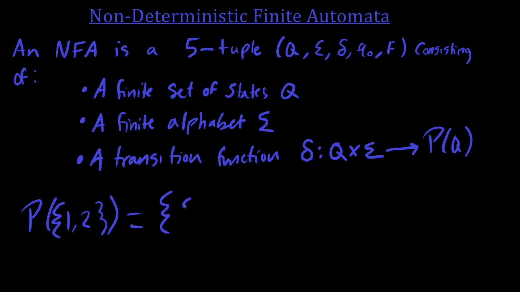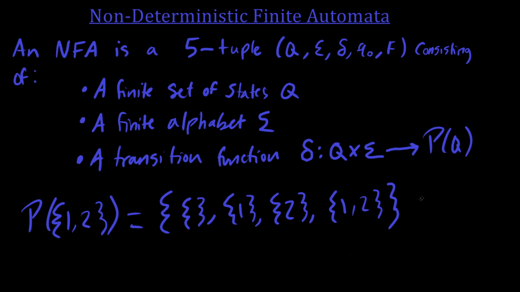So it'll contain the empty set, because the empty set is a subset of every set. It'll contain the set containing 1, it'll contain the set containing 2, and it'll contain the entire set itself, so the set {1, 2}, because every set is a subset of itself. So this is the definition of the power set. It is the set of all subsets of a particular set.